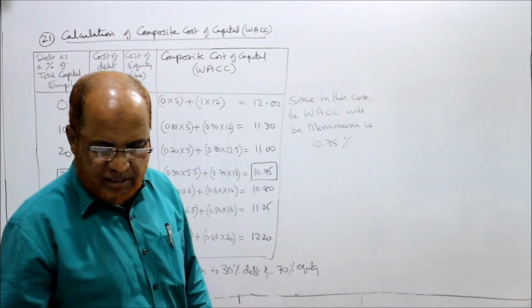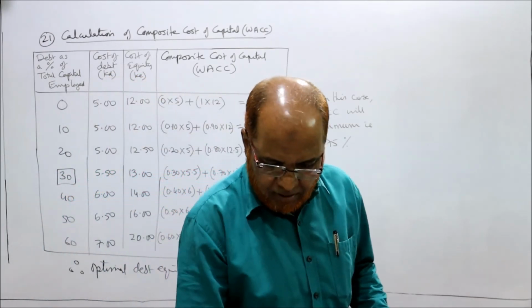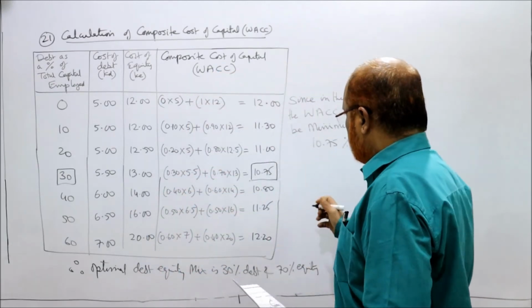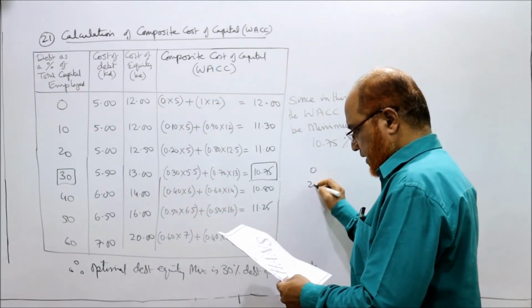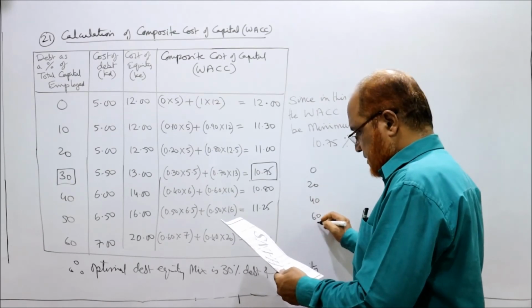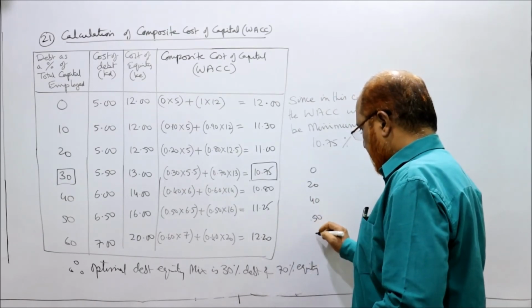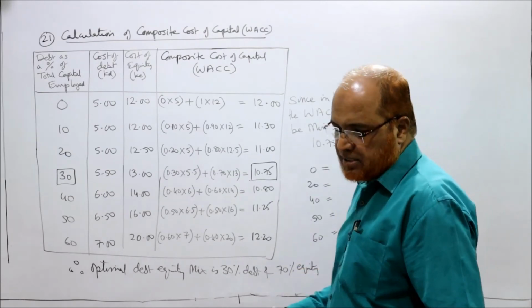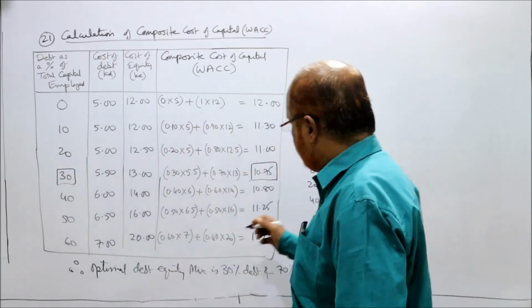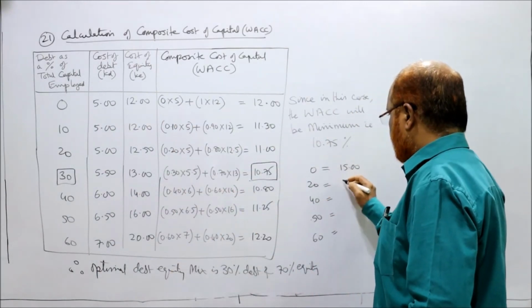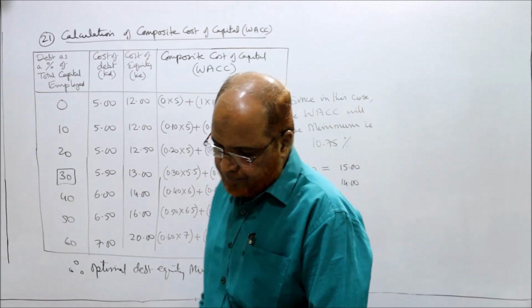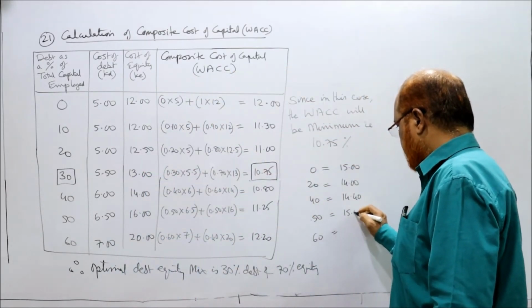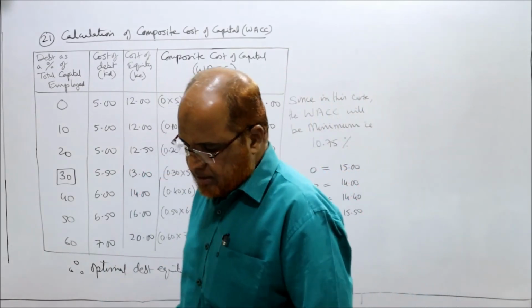Write down the answer to the 22nd problem so you can compare it. For 0, 20, 40, 50 and 60, the WACC will be 15, 14, 14.4, 15.5, 16.4.